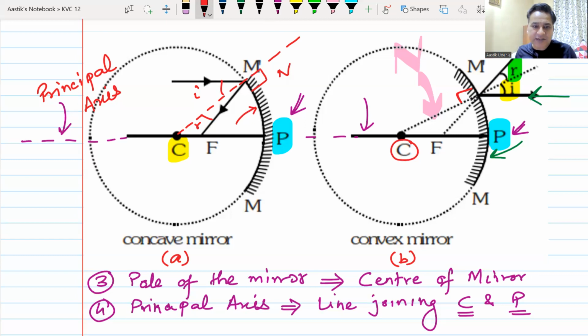Do we understand this? Yes, sir. That is the fourth definition, which is the definition of principal axis. Are we noting things down?